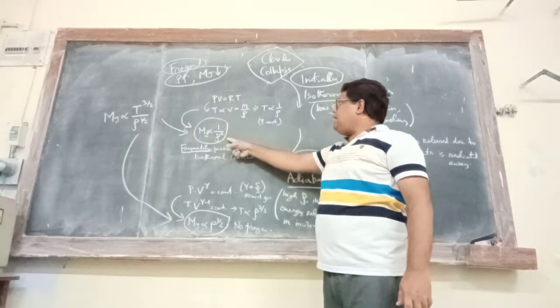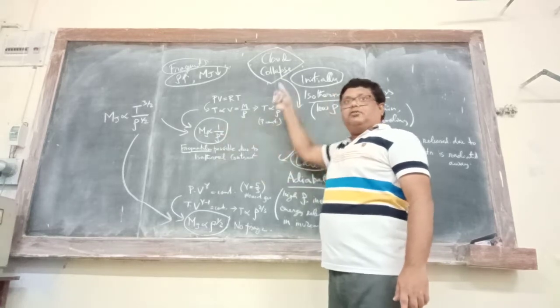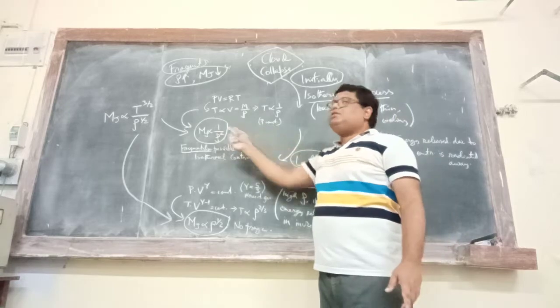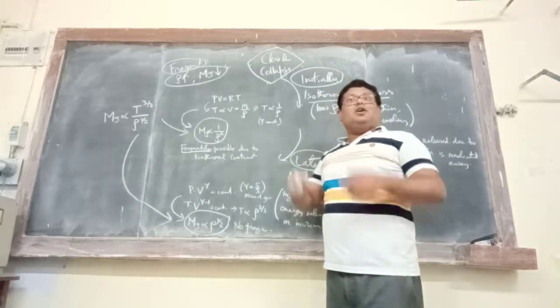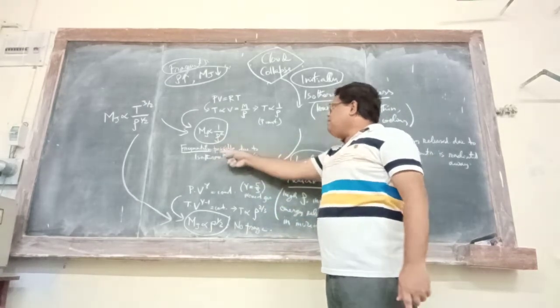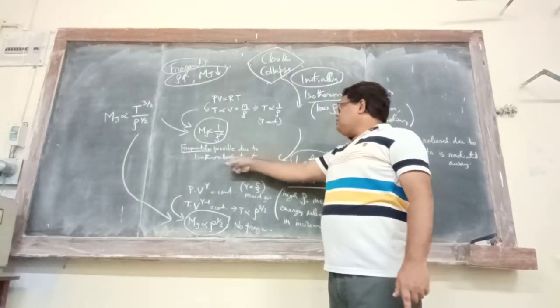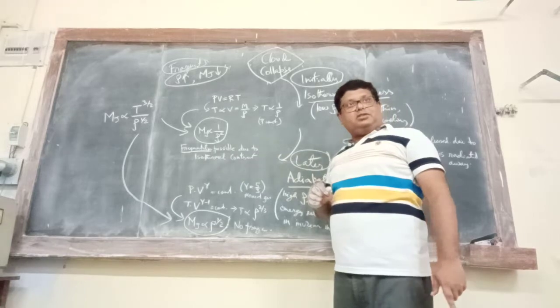This means that during isothermal contraction, density will increase, and what will happen to Jeans mass? It will decrease. So this means that fragmentation is possible during the initial phases due to isothermal contraction.